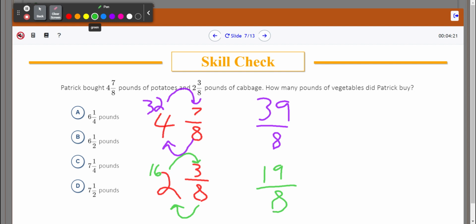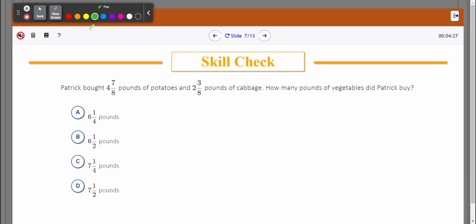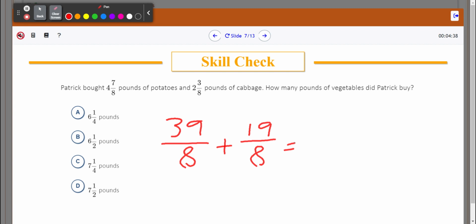Now I have two improper fractions, and they both have the same denominator. Because the denominators are the same, I can just add these quickly. The denominator doesn't change, so we keep 8. 39 plus 19 gives me 58 over 8.